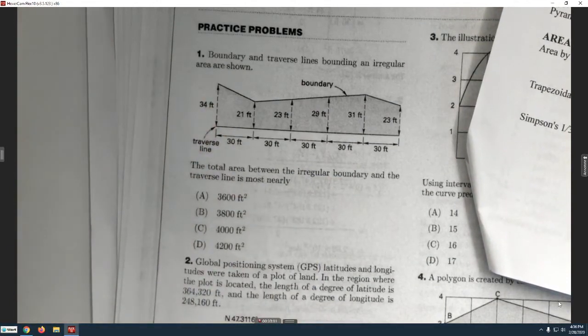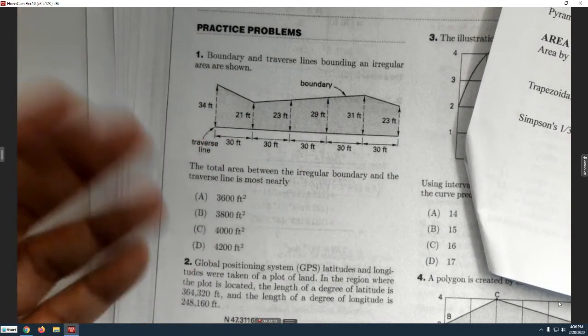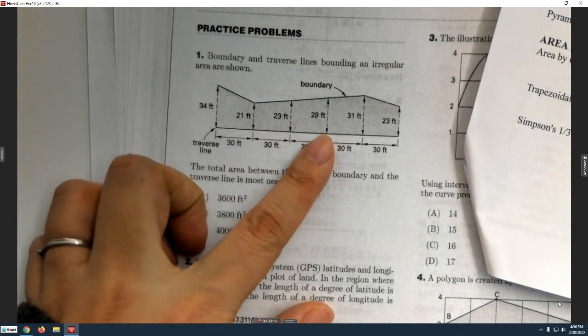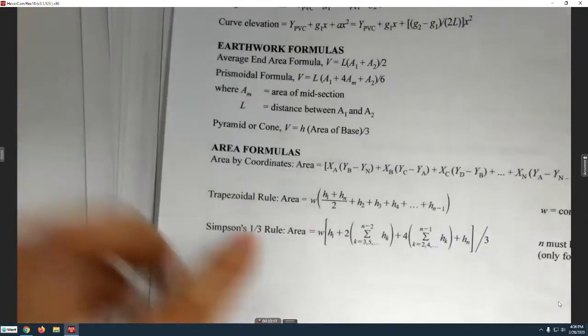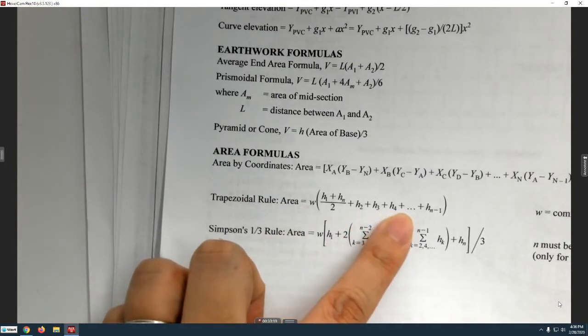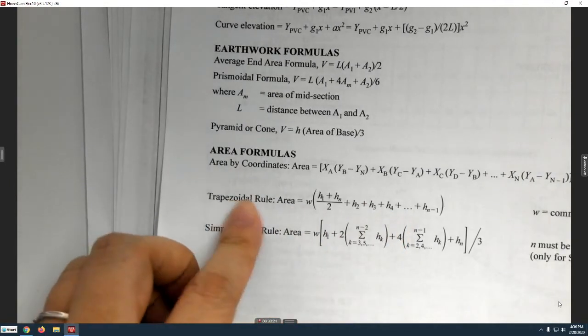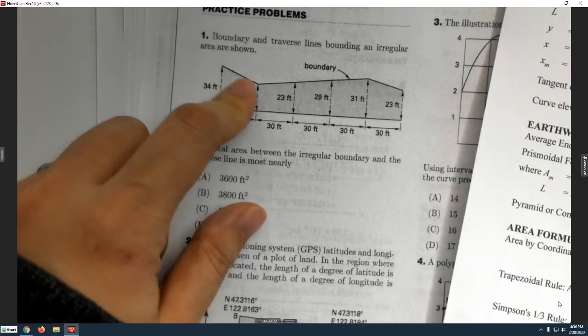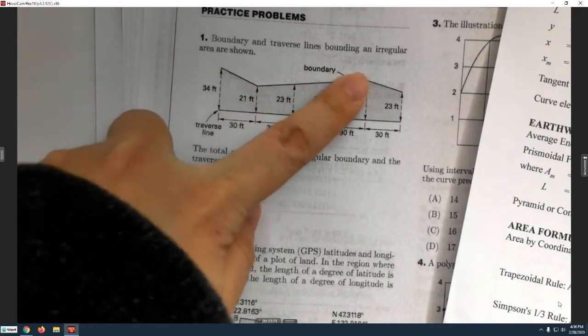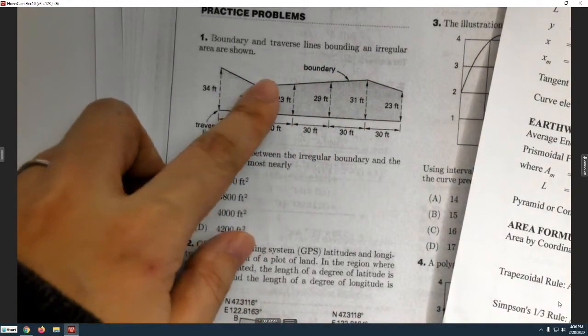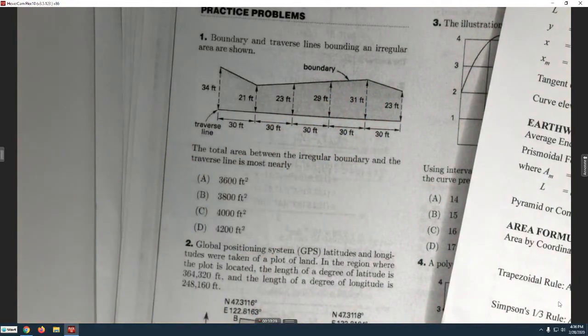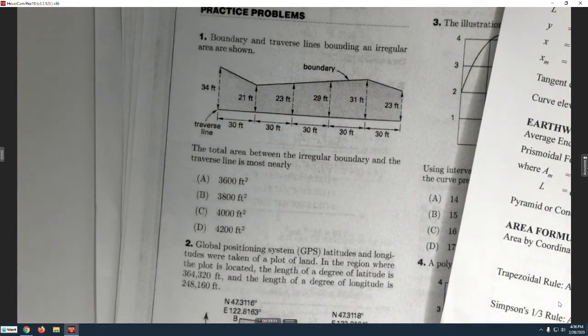You can use just geometry, calculate and add up all the areas of the trapezoids. Or in this case, see here, this equation applies when your boundary is composed of several segments of straight lines, so when you can decompose it into a set of trapezoids.